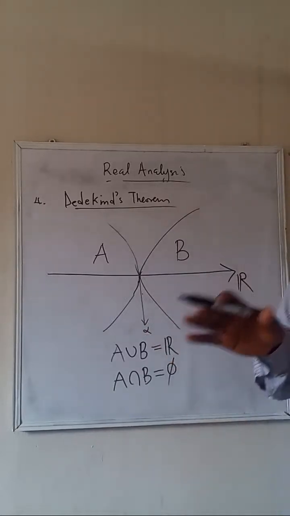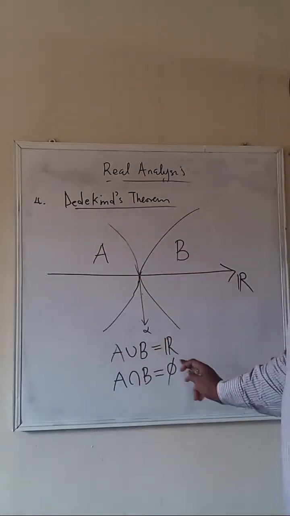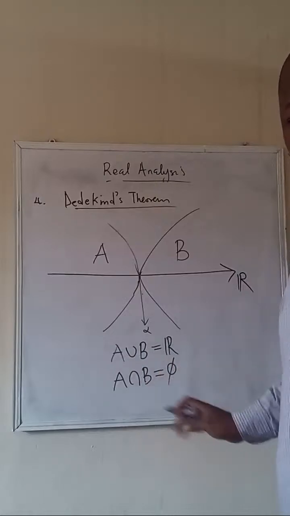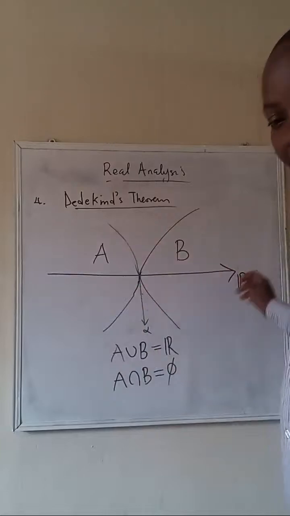So the assumption of this theorem is based on these two ideas: A union B is R, and A intersection B is empty, meaning they have nothing in common. When we combine them, they form the real line.